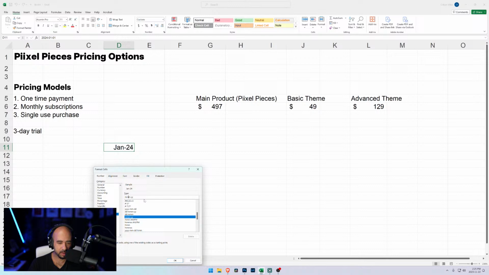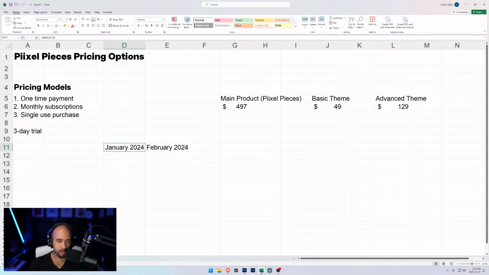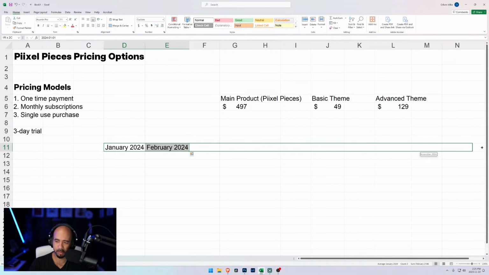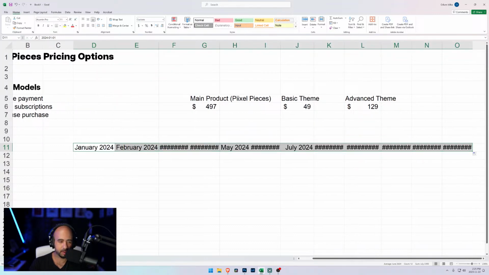Give me the date. And year, like that. Okay. Is this going to expand? We want February, March, April, May, June, July, blah, blah, November, December. Okay.